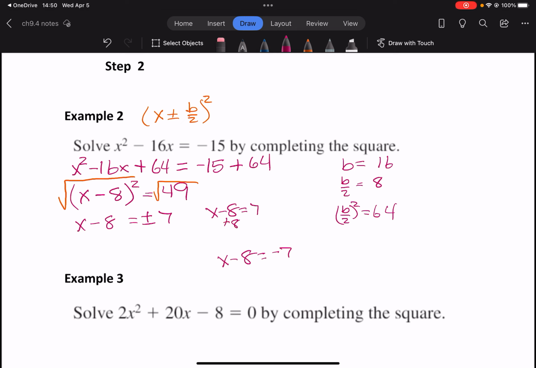You add 8 to both sides on both equations. I get x equals 7 plus 8, which is 15. The other one is x equals positive 1. So my solution is x equals 15 or 1.